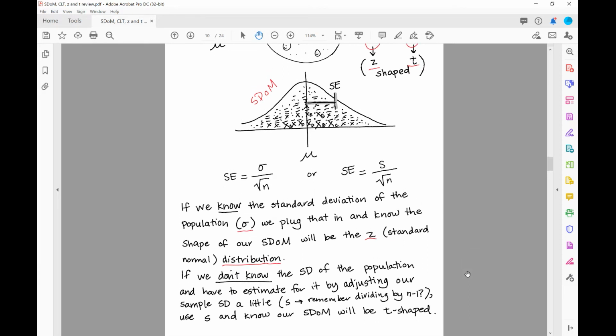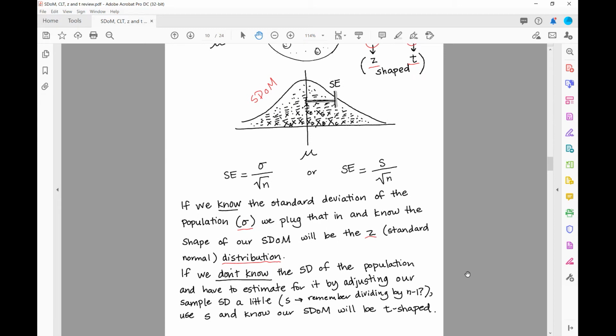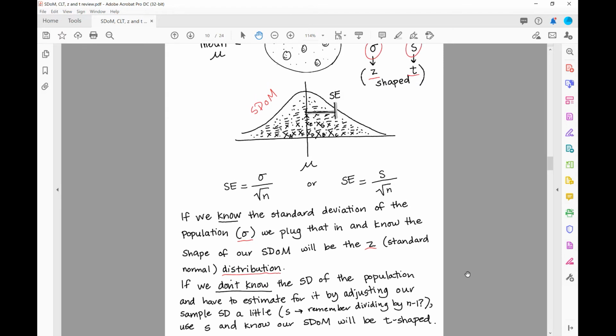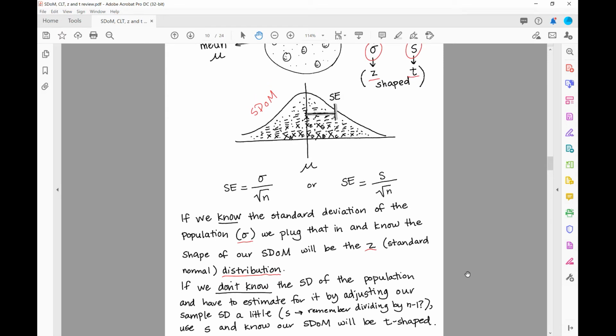If we don't know the standard deviation of our population and we're estimating it by adjusting our sample standard deviation a little, going way back to that early sampling distribution assignment when we talked about dividing by n-1 to fudge our estimate a little bit, to make it a little bit bigger to accommodate the fact that we know the sample is not going to be quite right, that's what we're referring back to here.